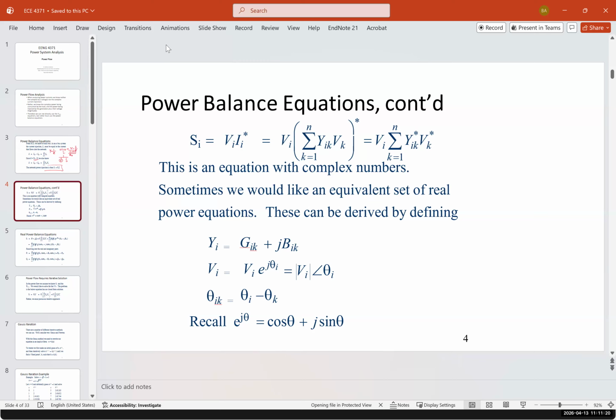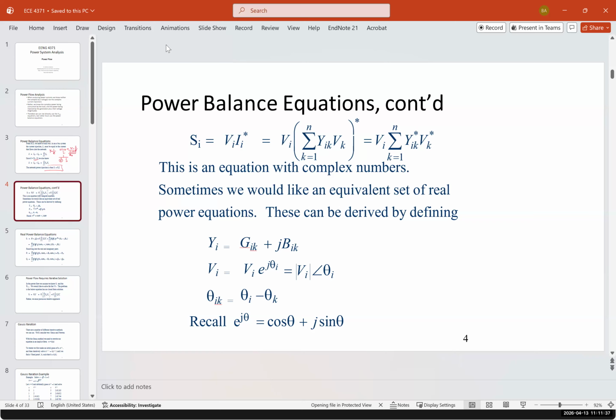So we replace that with YV, and we get Vi sigma of k equal to 1 to N Yik conjugate Vk conjugate. This is an equation with complex numbers.